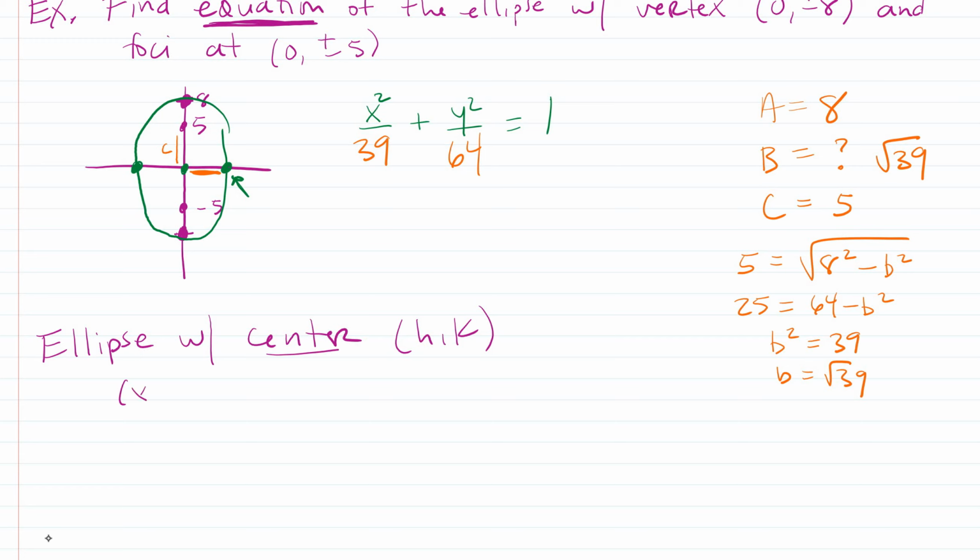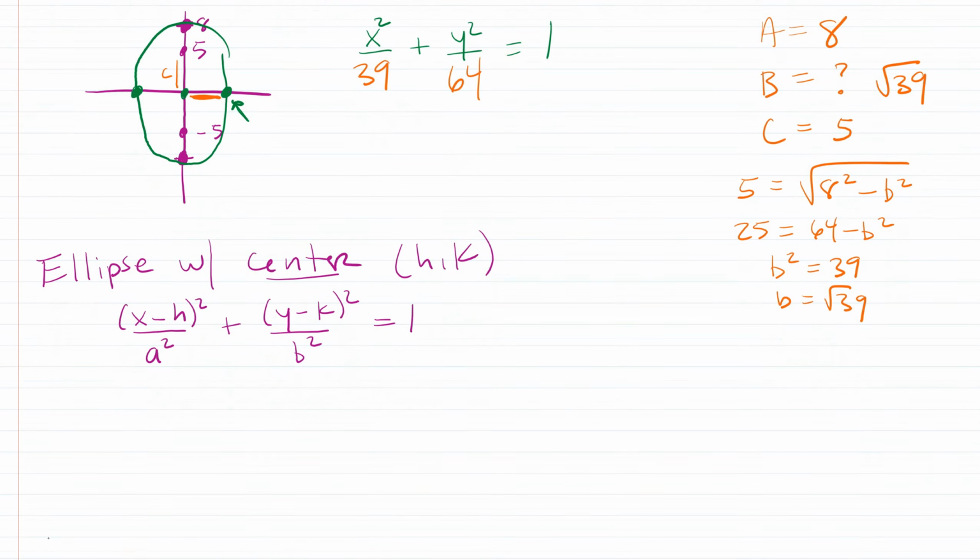So the equation looks like this: (x minus h) squared over a squared plus (y minus k) squared over b squared equals 1. And similarly to the ellipse with the center at 0, 0, if a is greater than b, you have a horizontally oriented ellipse, and if b is greater than a, you have a vertically oriented ellipse.